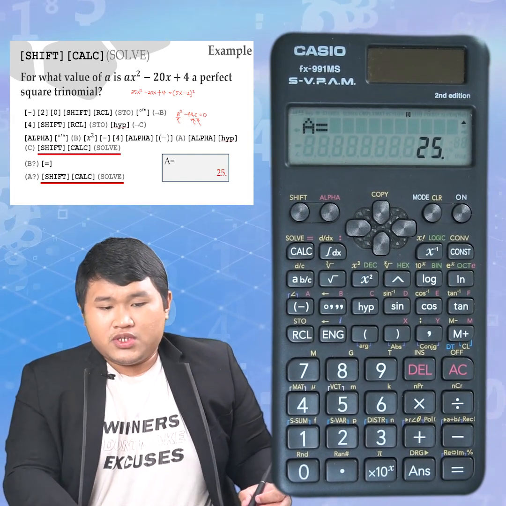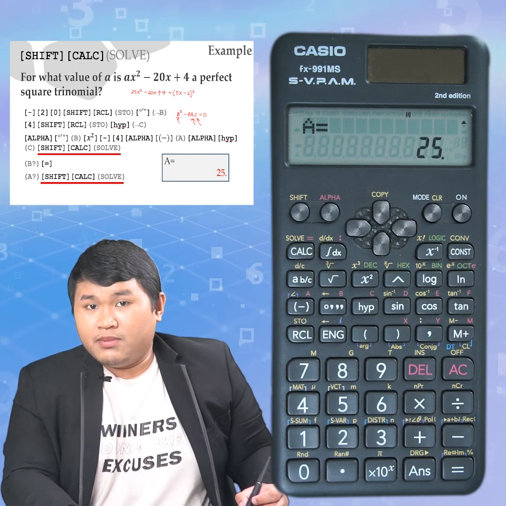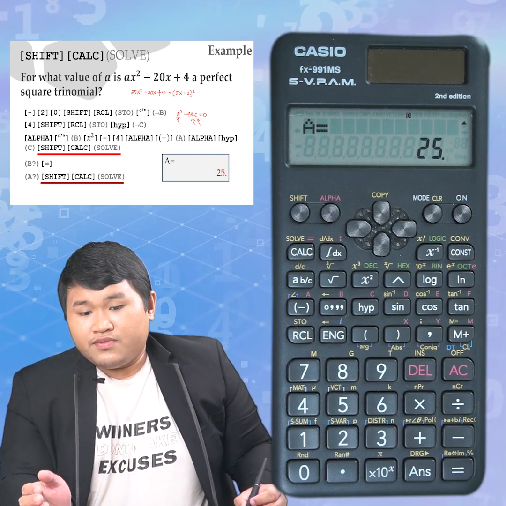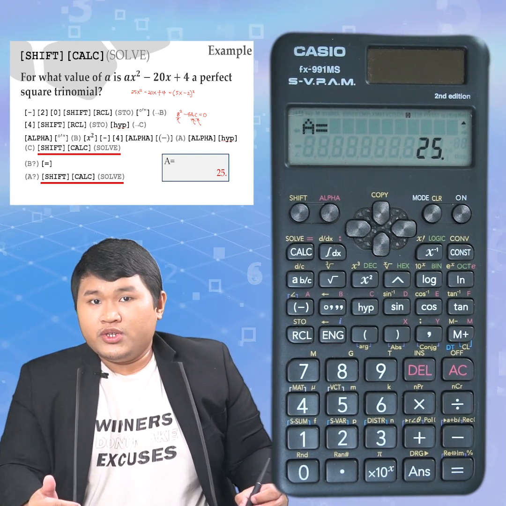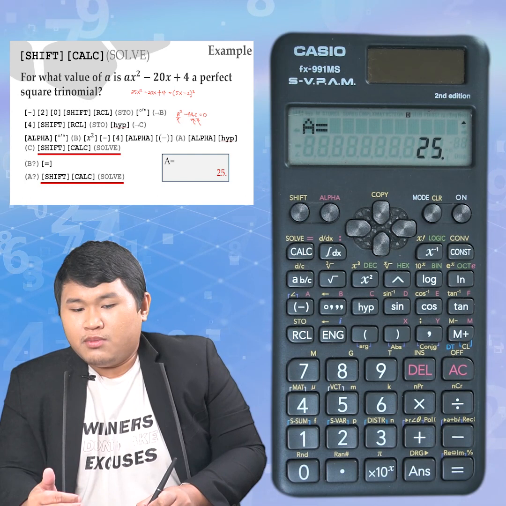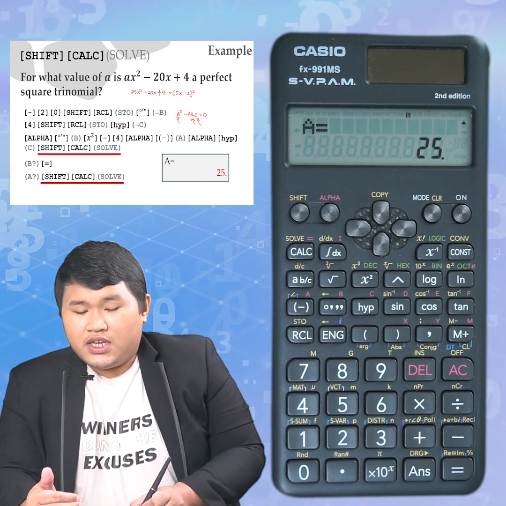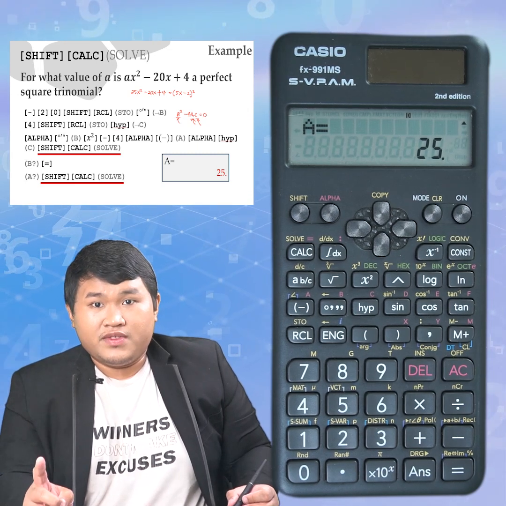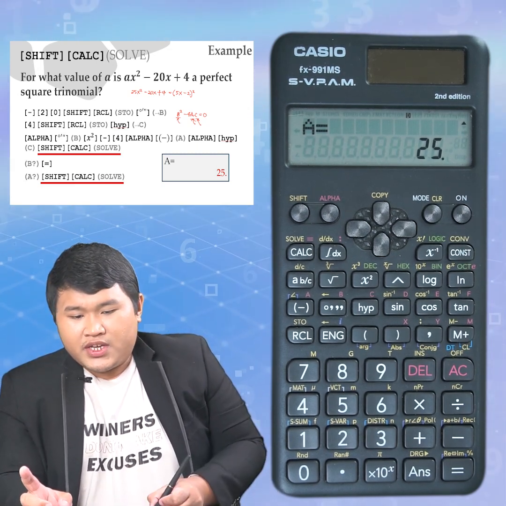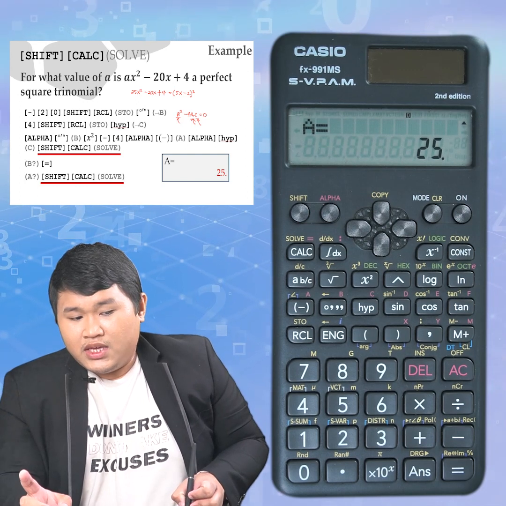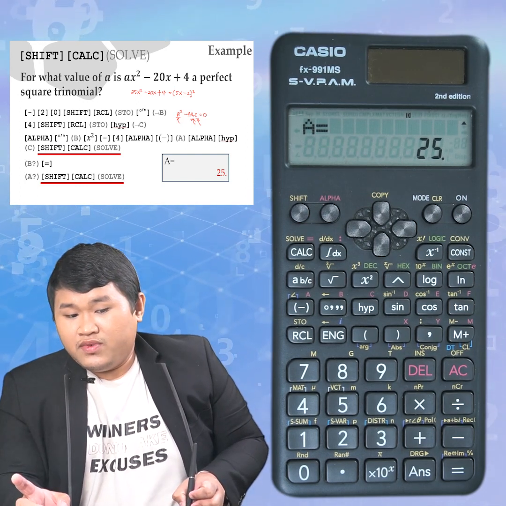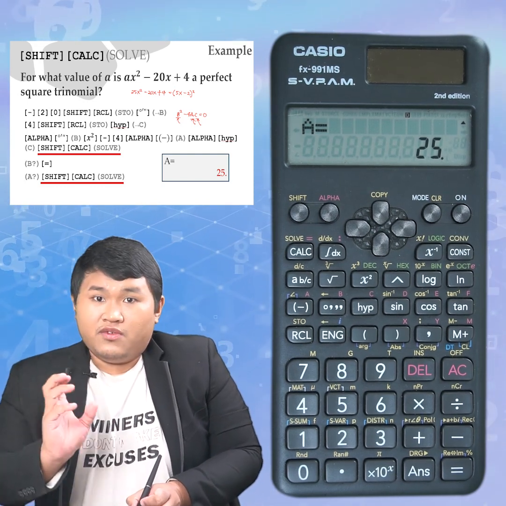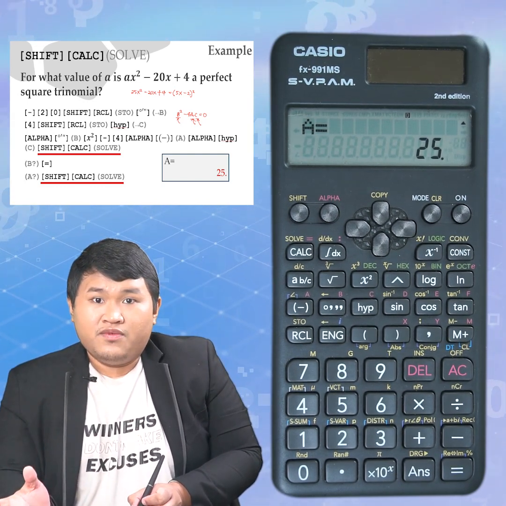Now, some notes when using multiple variables in shift solve. First, notice that the calculator will ask for the value of each variable in the order in which they are given. In this case, it's variable b first, and then a, and then c. Second, you need to store the values of the variables first, because in our example, a is the variable that we want and we immediately shift solve it, so there is no opportunity for the calculator to ask for the value of c.